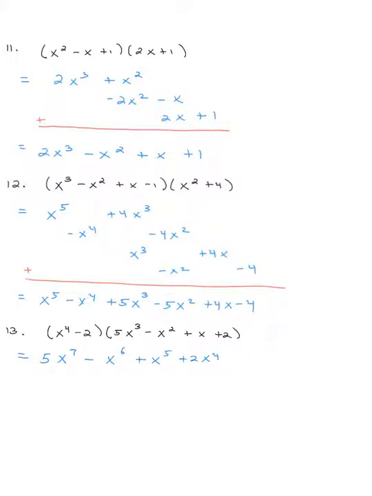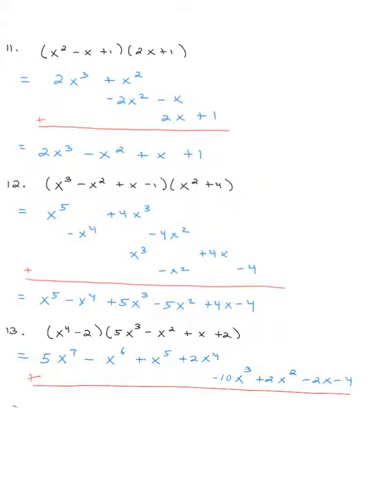Wow, we jump way down the line, so hopefully if I left enough room, we get negative 10x cubed plus 2x squared minus 2x minus 4.